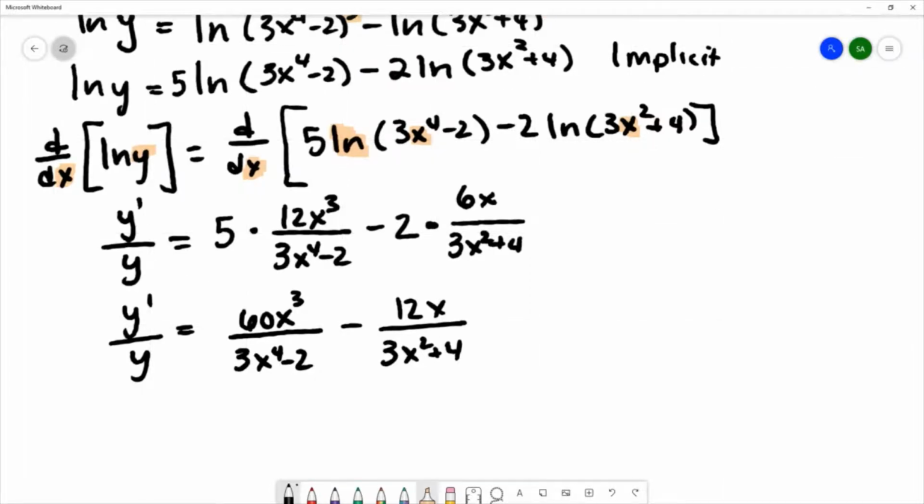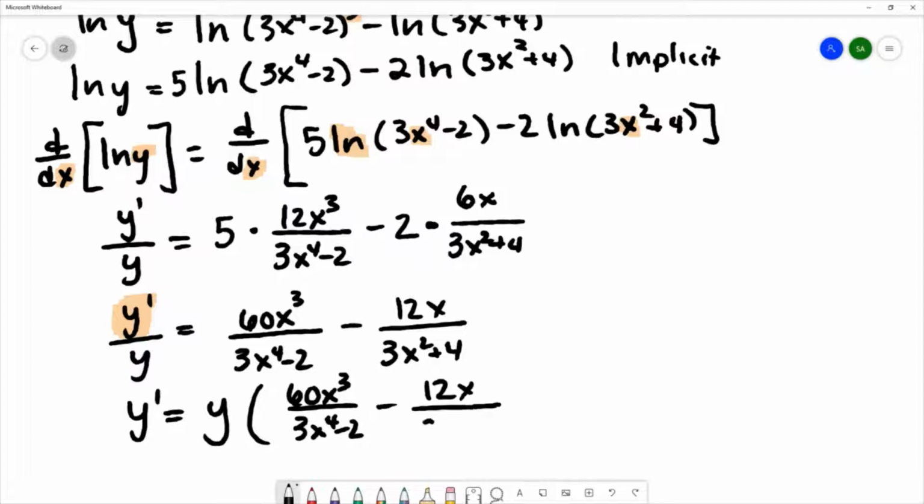My goal was to calculate the derivative of y. So I need to solve for y prime. I'm going to multiply both sides by y. That would give me y times 60x cubed over 3x to the 4th minus 2 minus 12x over 3x squared plus 4.